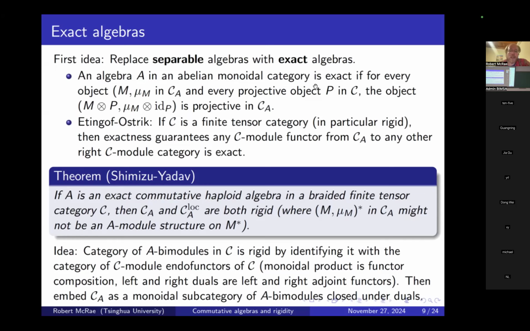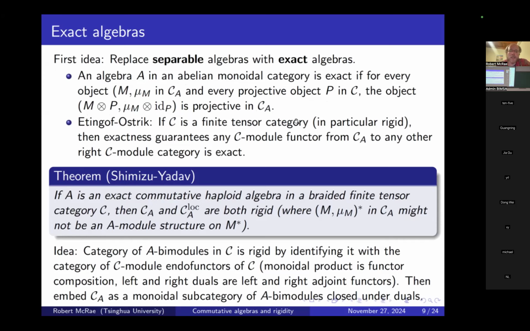An algebra is exact if for every module M in C_A and every projective object P in C, you can get a new module by tensoring M with P on the right. Since I want A to act on the left, I tensor P on the right, and I get a new object of C_A, and that object should be projective in C_A.